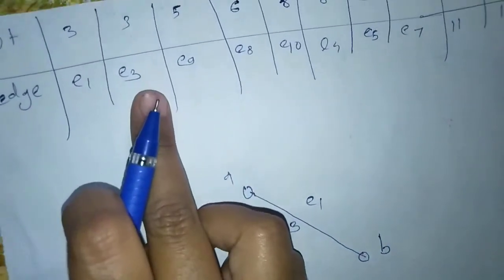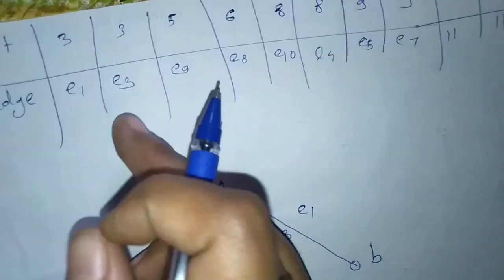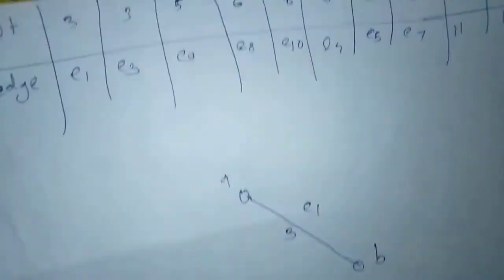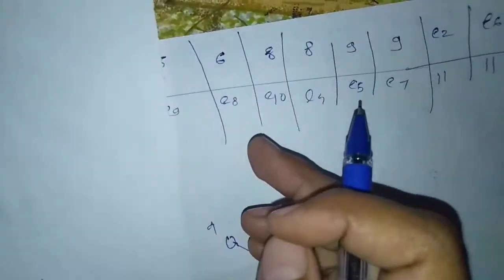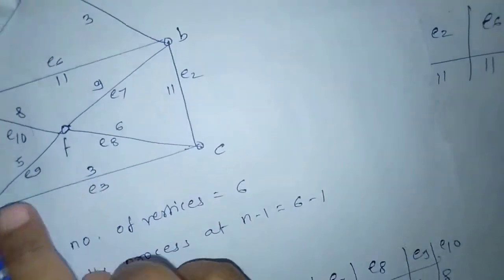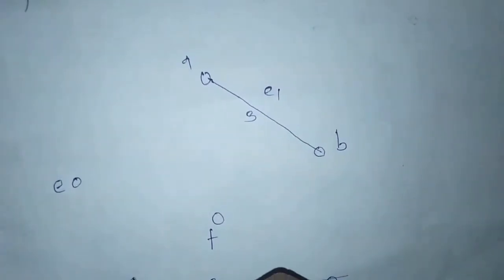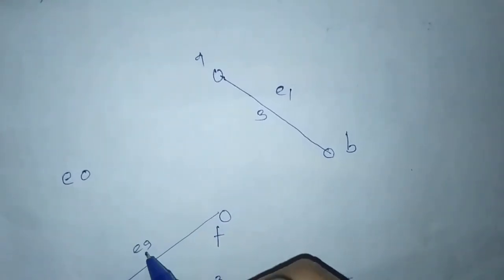Now next minimum weight 3, E3. Here E3. Next minimum weight E9. E9 is here with weight 5.